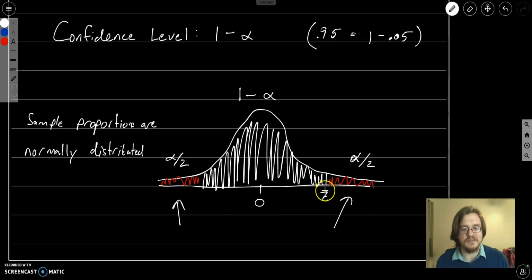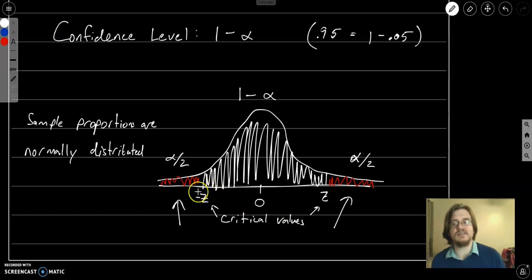We're going to have this z-score, and because everything is symmetric, we're going to have the negative of that z-score as well, and these are called the critical values. So we'll just focus on z for the moment, and we'll know that negative z is just going to be on the opposite side.